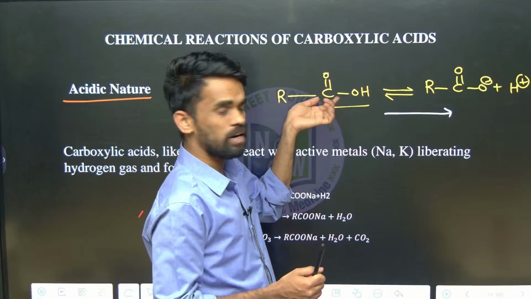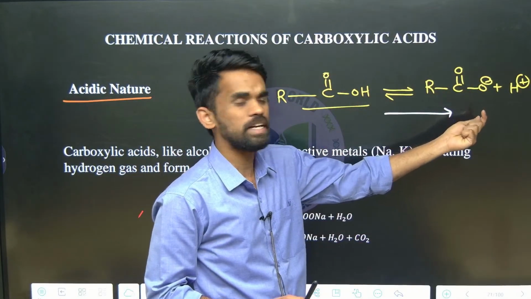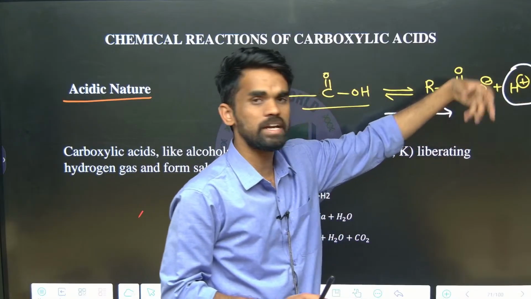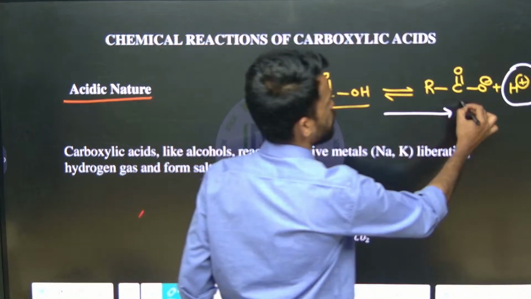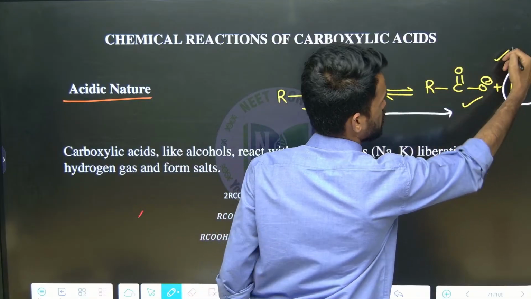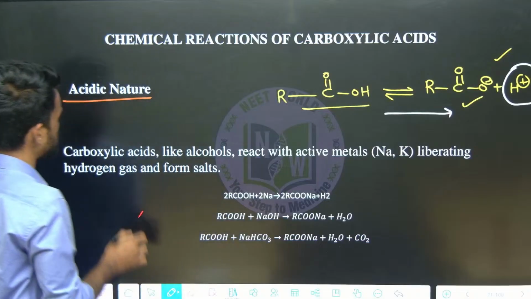A strong organic acid has a greater dissociation constant, greater Ka. The greater the Ka, the greater the H plus ion concentration, and the greater its acidic nature. If the conjugate base formed is highly stable, then the equilibrium moves forward and that acid has more acidic nature.